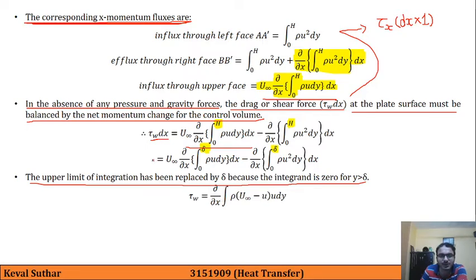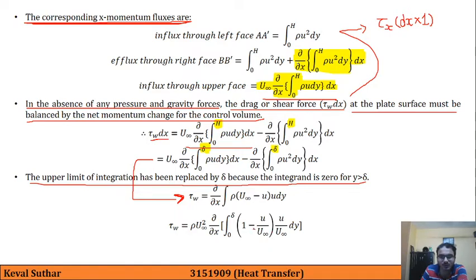So once you rearrange the terms, you will be obtaining this formula, that is tau w is equal to del over del x integral rho into u infinity minus u into u dy. And finally we are obtaining this relationship.